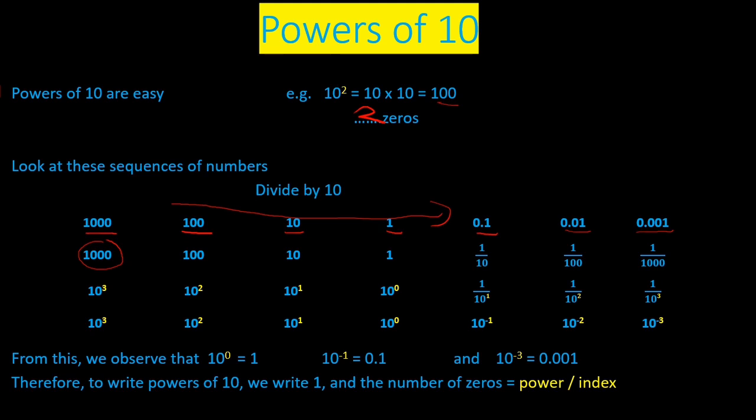Since 10 to the power 2 is already 100 and it has 2 zeros, what it also implies is 10 to the power 3 is equal to 10 times 10 times 10, giving you 1000. Okay, since 100 times 10 is equal to 1000. So here 1000 is also equal to 10 to the power 3. 100, we've already worked that one, is 10 to the power 2. And 10 now is simply 10 to the power 1.